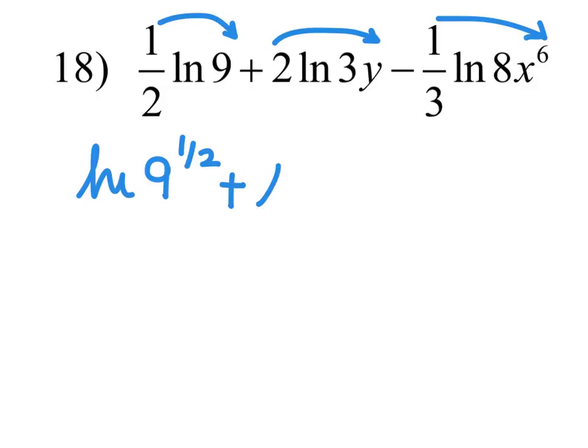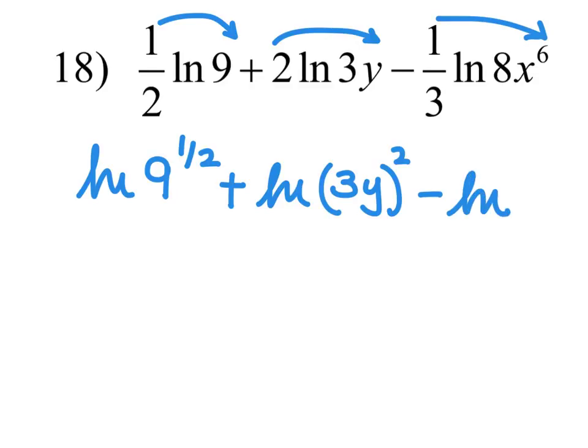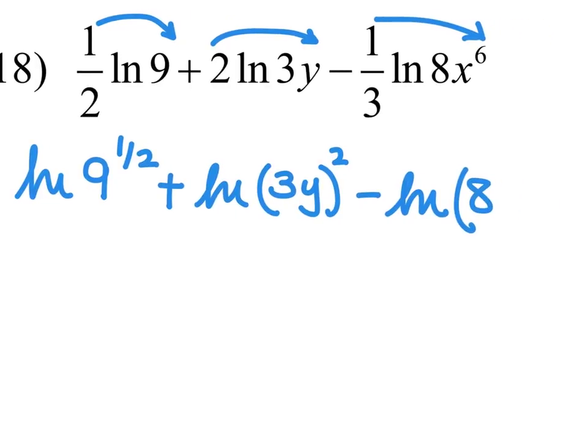So we have now natural log of 3y squared, and minus, we have natural log of 8x to the 6th, to the 1/3.